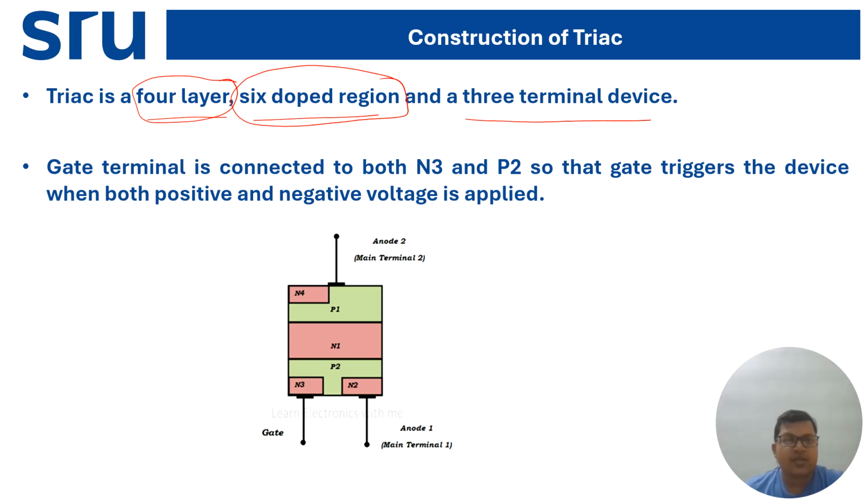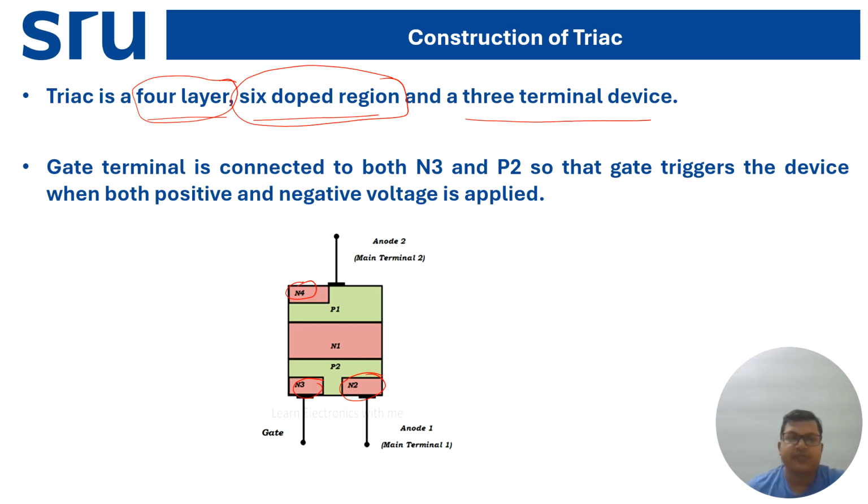You may think four layers would give four doped regions, but if you see the structure, there is a different doped region inside P1, and two different regions inside P2.